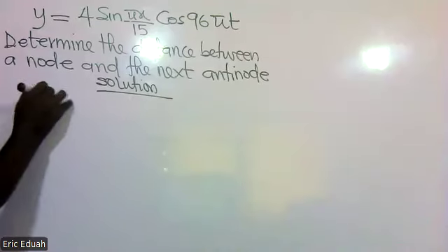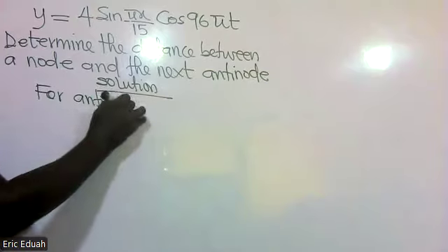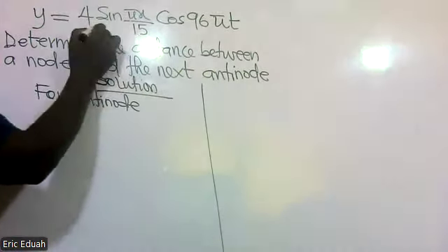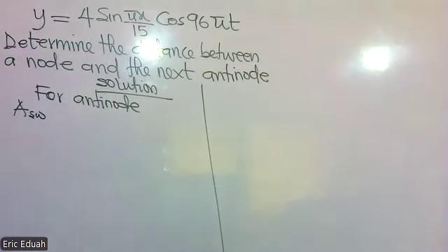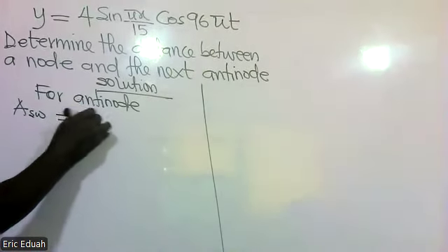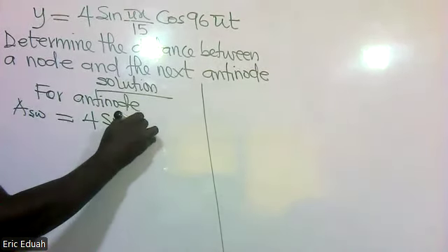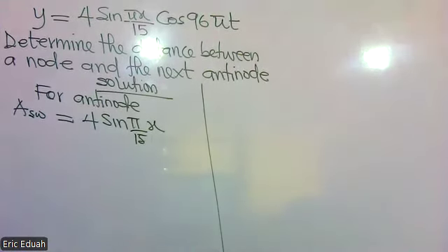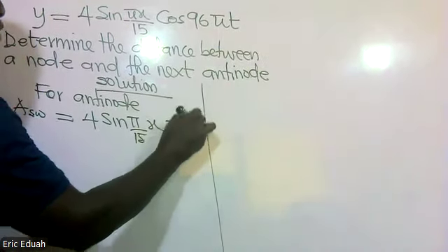For antinode, the amplitude of the stationary wave, A subscript SW, which is equal to 4 sine pi on 15x, must be equal to plus or minus 1.